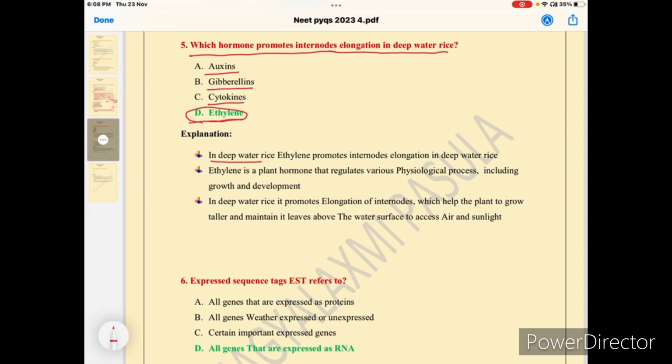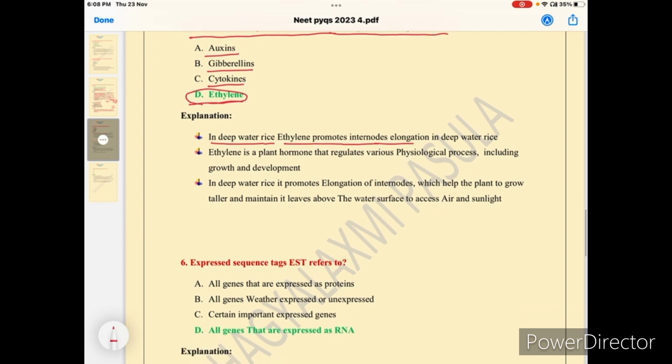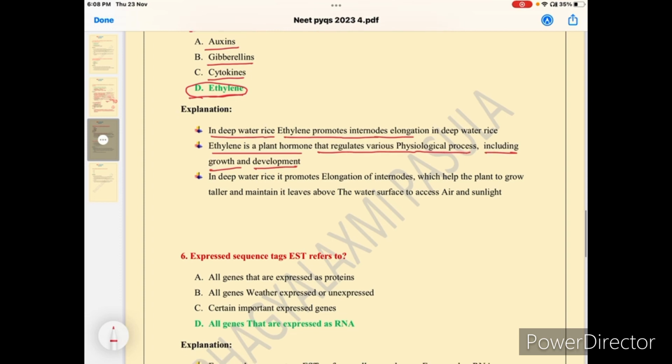In deep water rice, ethylene promotes internode elongation. Ethylene is a plant hormone that regulates various physiological processes, including growth and development. In deep water rice, it promotes the elongation of internodes, which helps the plant to grow taller and maintain its leaves above the water surface and access air and sunlight.